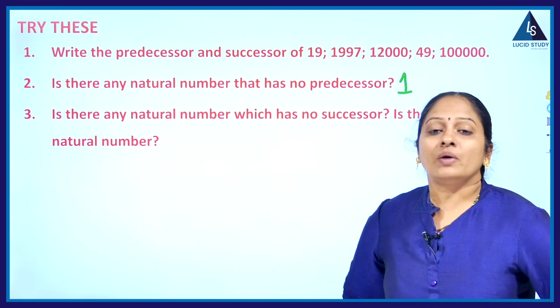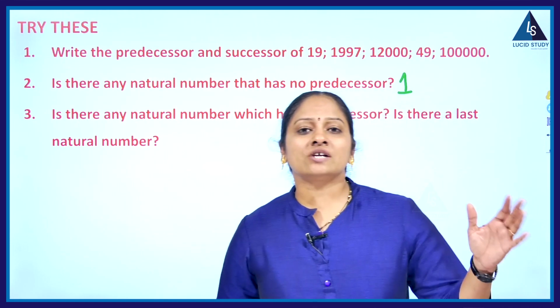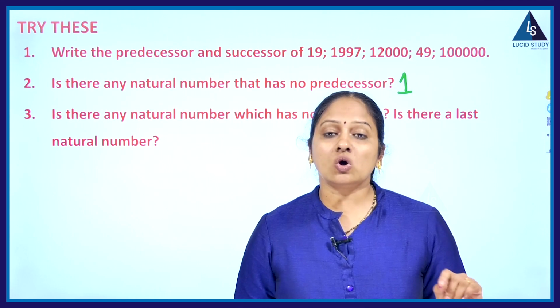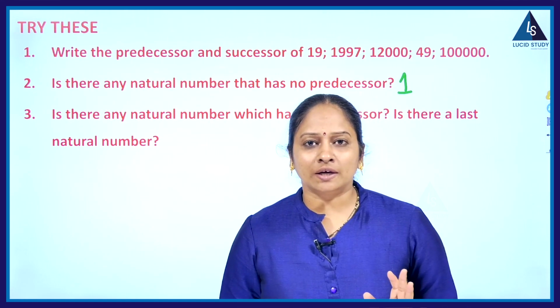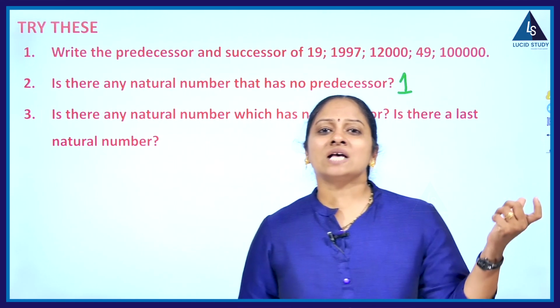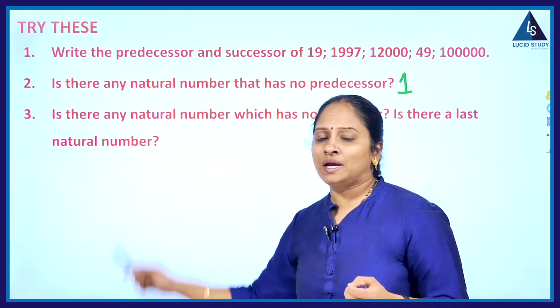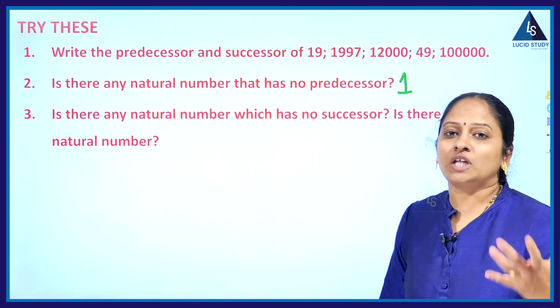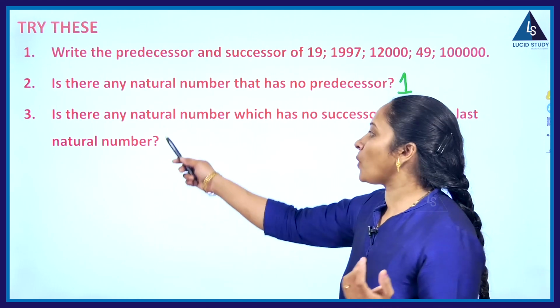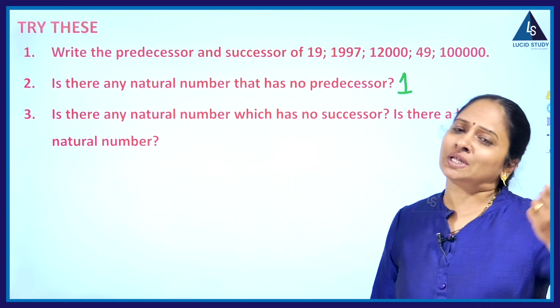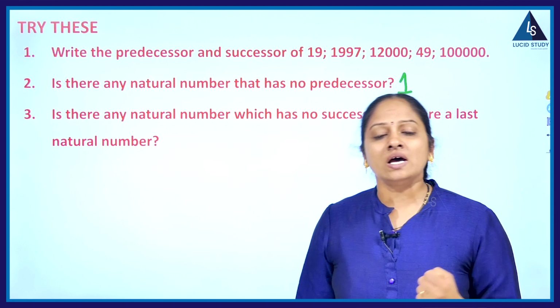Yes. Why? Because we don't know where the natural number system ends, so it cannot be determined. So automatically that last number can't be determined in natural numbers. Without knowing the last number, it is not possible to find the last natural number and its successor.